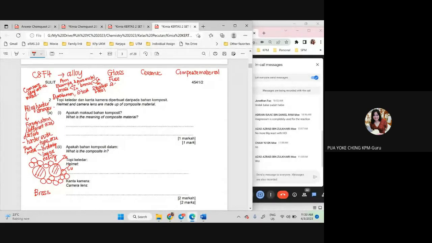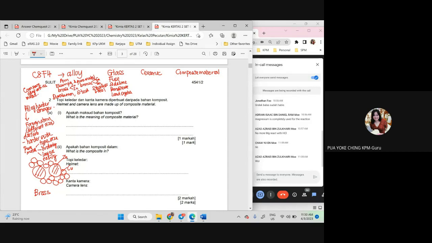You have soda lime glass. You have borosilicate glass. And the last one, you have lead crystal glass. Okay. Remember their components. Okay. Bagaimana mereka terbentuk. And their properties with its uses.